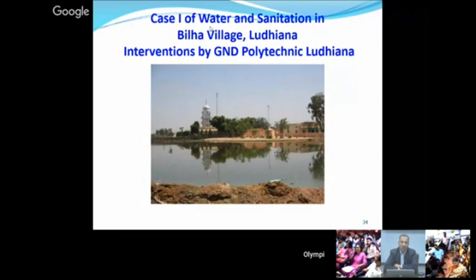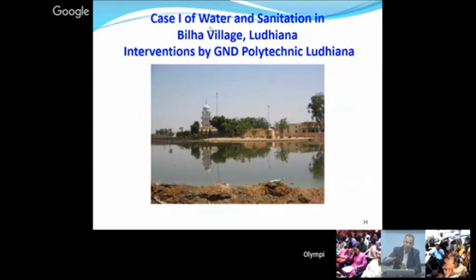This is a village in a deep part of Punjab in Ludhiana district. In that village, there used to be a huge pond. And you see the Gurudwara, where all the people used to go and pray every day. The Sikhs believe in Guru Granth Sahib and they go there.